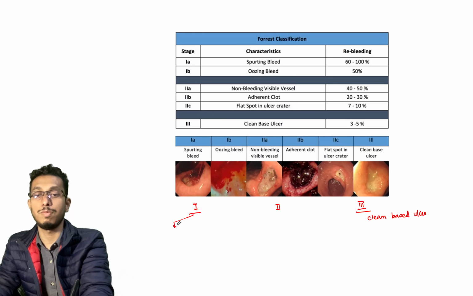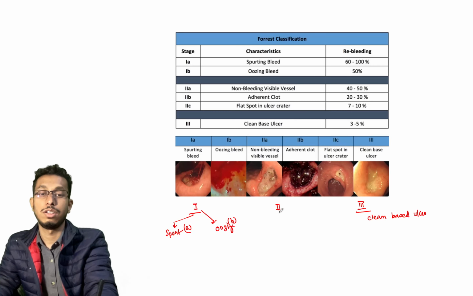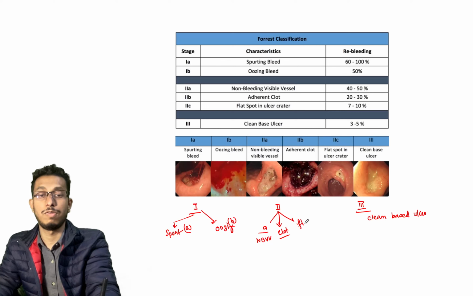It can be a spurt of blood or it can be due to oozing. So 1A and 1B. Class 2 is again divided into 2A, 2B, 2C. 2A is a non-bleeding visible vessel, 2B is clot, and 2C is a flat spot in the ulcer crater. All right, okay.